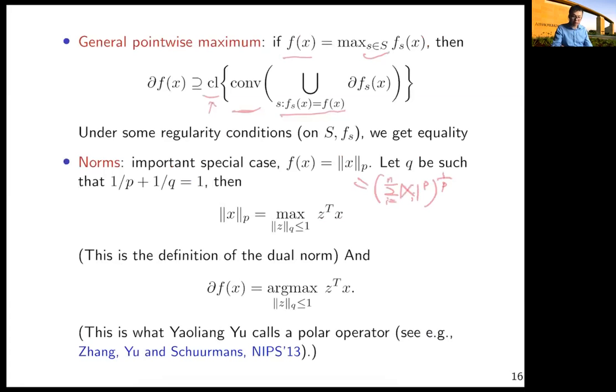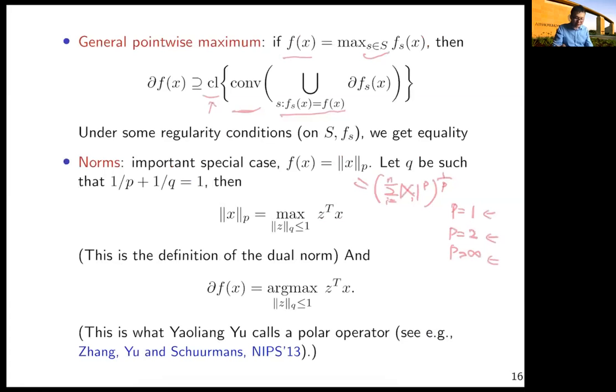You take the p-th root of this summation. That gives us norms, and the important cases are p equals 1, p equals 2, and p equals infinity, which correspond to the sum of absolute values, the Euclidean distance, and the maximum.